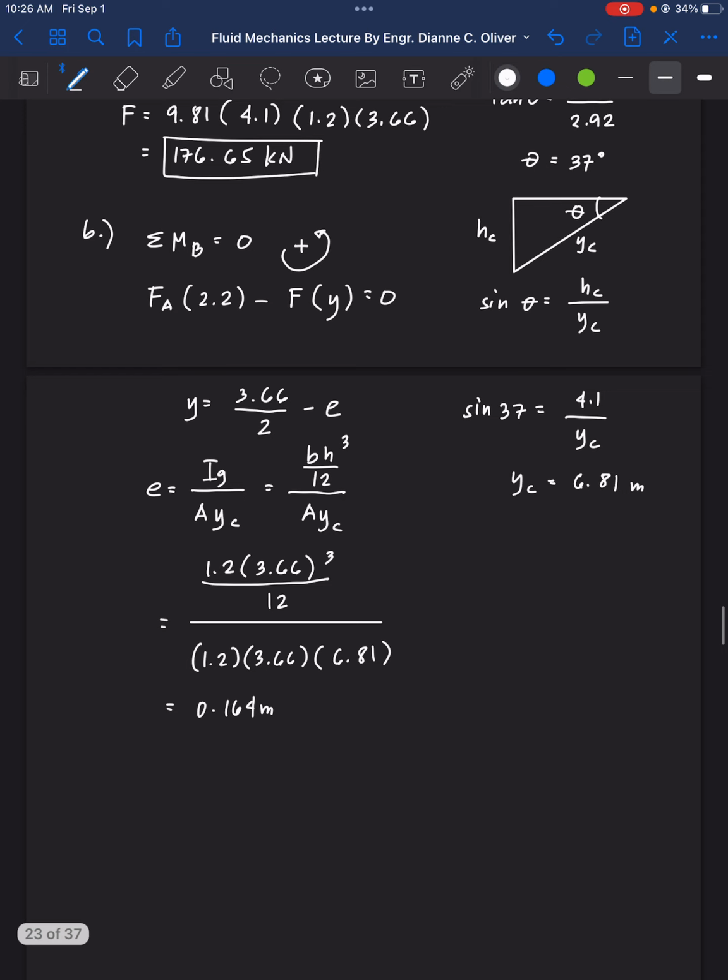Then let's go back to the value of Y. Y is equal to 3.66 divided by 2 minus 0.164, and that is equal to 1.67.